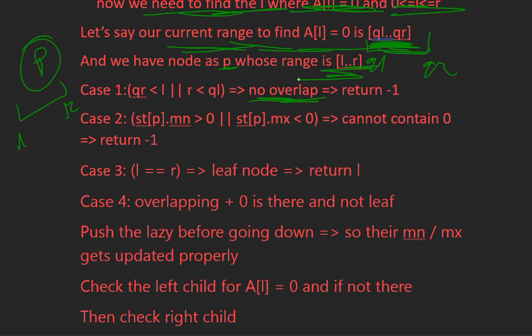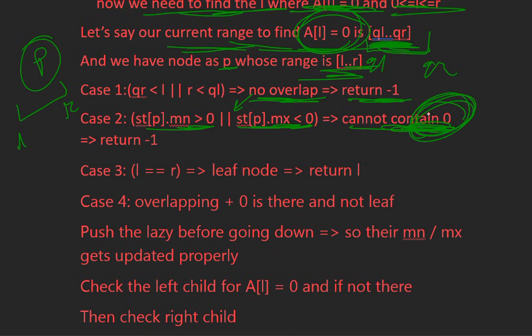There is no overlapping. If there is no overlapping, then we want to find a of l equal to 0, and in that case we will return -1. What is the second case? There is overlapping, but the minimum is greater than 0 or the maximum is smaller than 0, meaning this range cannot contain 0.